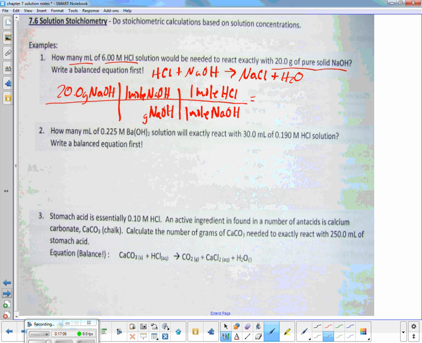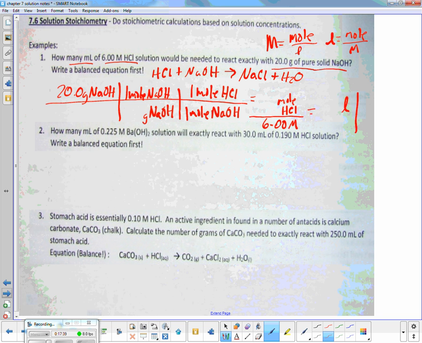So when I get done here, I'm going to get moles of HCl. I also remember molarity is equal to moles divided by liters, and I have molarity over here. So I'm going to take molarity. I want to find my liters, so I'm going to rearrange this so it's moles divided by molarity. So once I get my moles here, I'm going to divide it by 6.00 molar. That will give me liters.